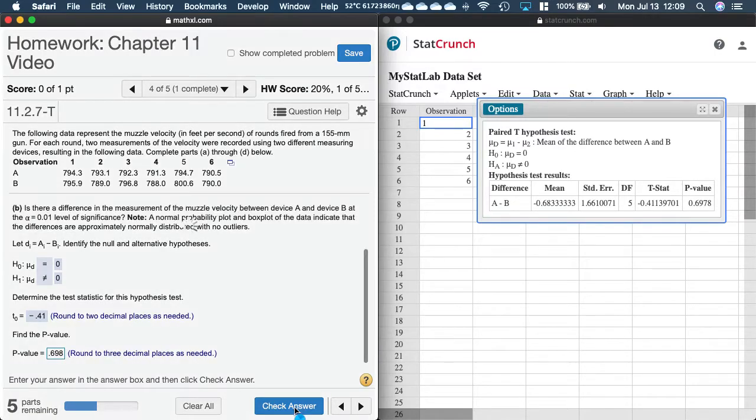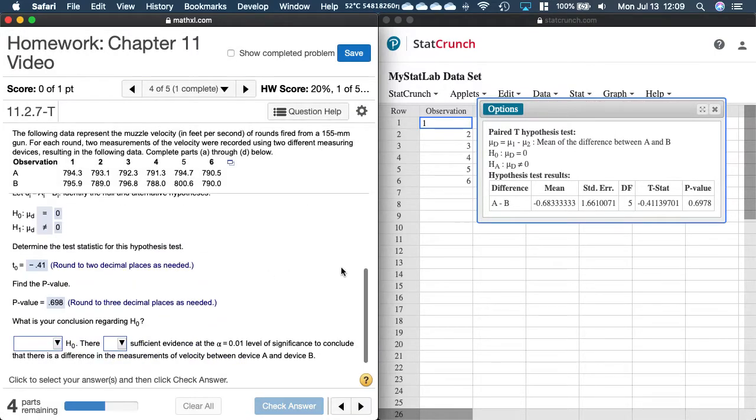Check our answer. All right, for a large p-value, we fail to reject. Although there is a practical difference, an average difference of negative 0.6833 between the two measuring devices, there is not enough evidence. Basically both of these are doing what they're supposed to be doing, and the only reason we have a difference is the innate random variability within our data set.